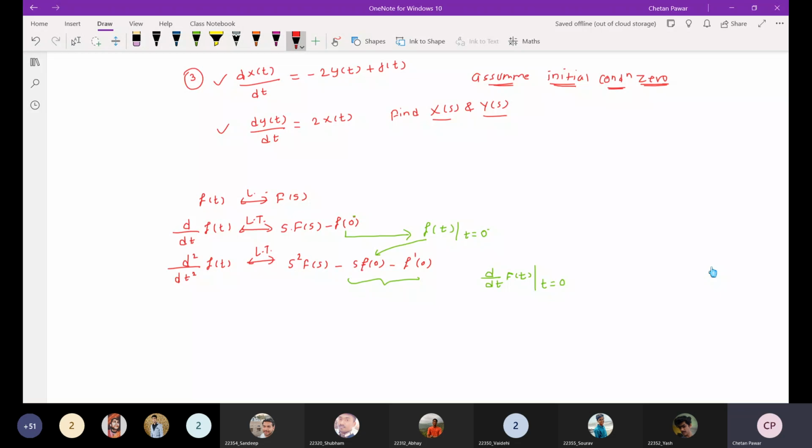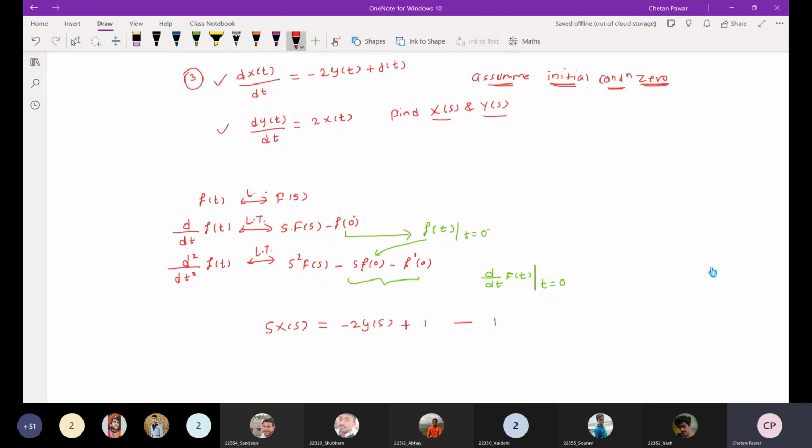So if we take the first equation, that will be s into X of s minus 2 into Y of s plus the Laplace transform of impulse, which is 1.